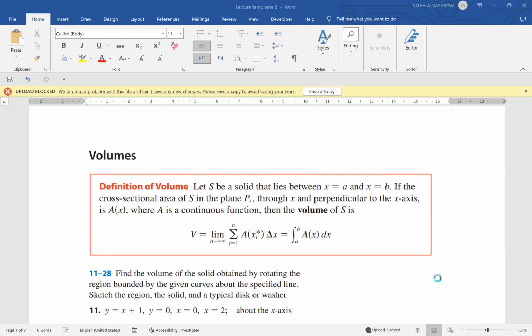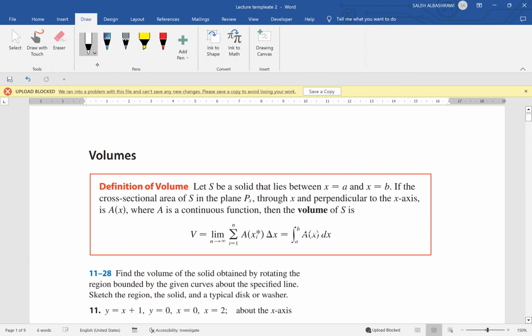We define the volume, or how to find the volume for a solid, as V equal to the integration of the cross-sectional area A(x) over [a, b].